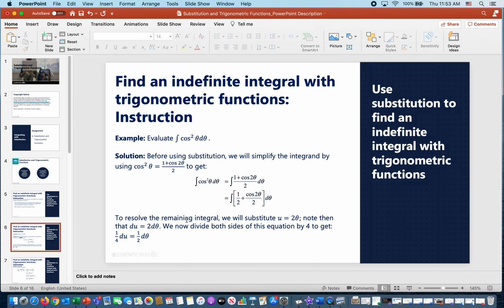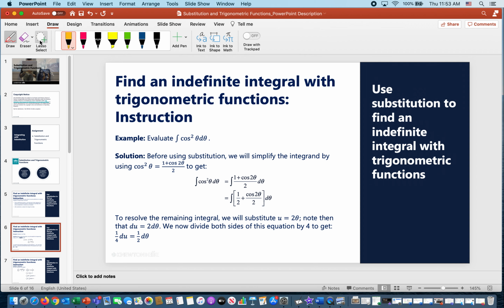So take a look at this problem. We want to evaluate the integral of cosine squared theta d theta, and this is a doozy. This is one that kind of jumps out at you, and it's one that I want to start with because it's a really good example of how do I know when to use u substitution and how do I know what to do.